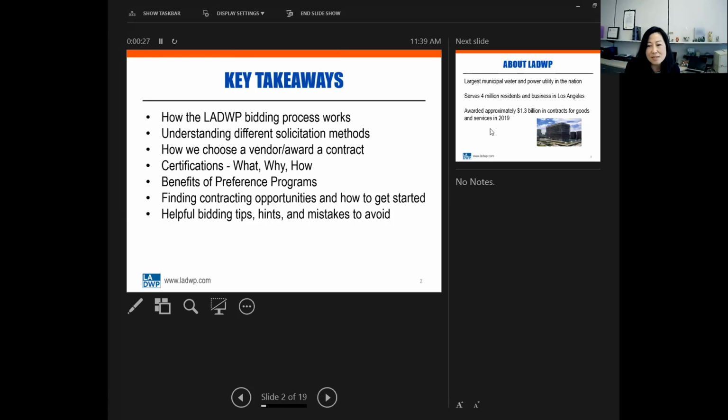I'm going to give you some secrets about some benefit programs or preference programs that we have going at LADWP that you might be able to use to your advantage. And then just some tips on how to find opportunities and some of the fatal flaws, mistakes to avoid, to boost your chances of doing better.